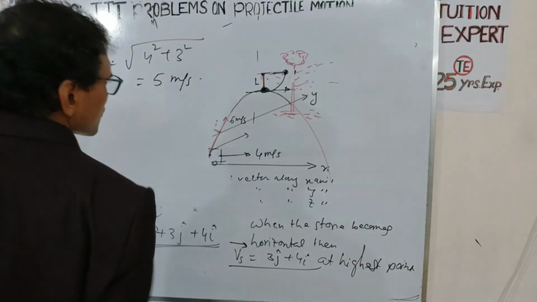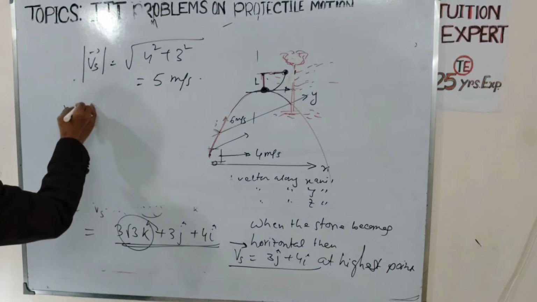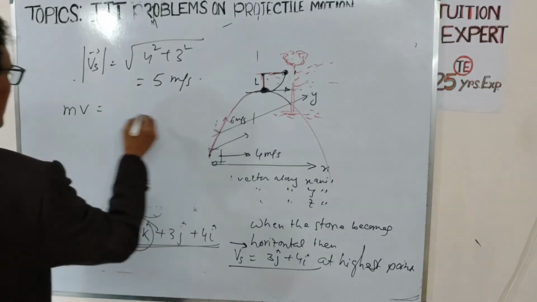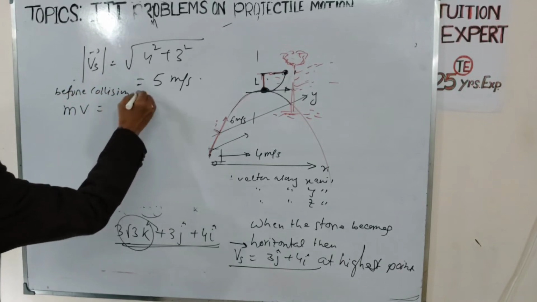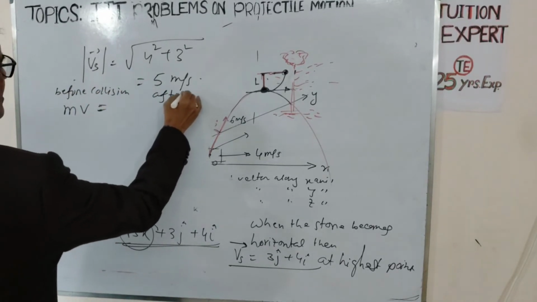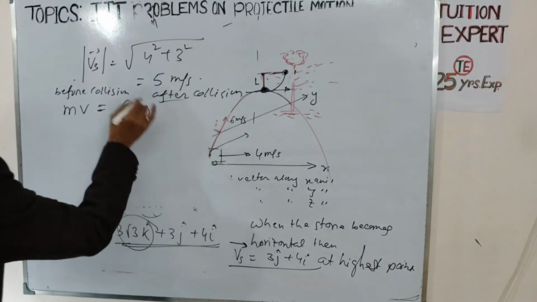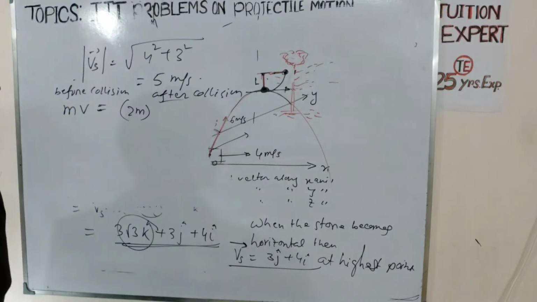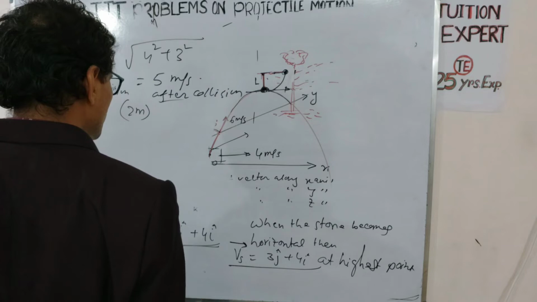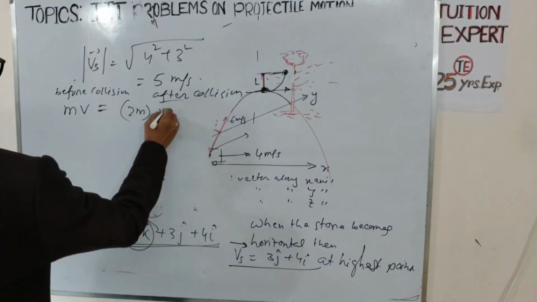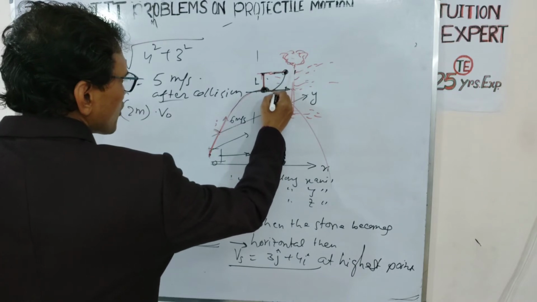Now it makes an inelastic collision. So mv equals, after collision, the mass of the two bodies, 2m, because the particle and the stone have the same mass, into v0, where v0 is the velocity of the combined mass.